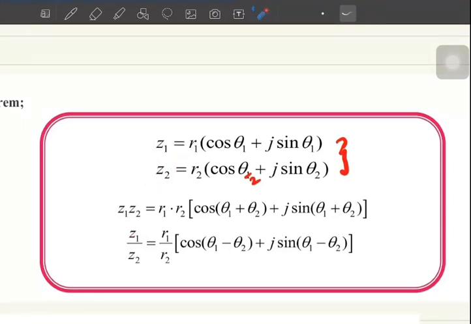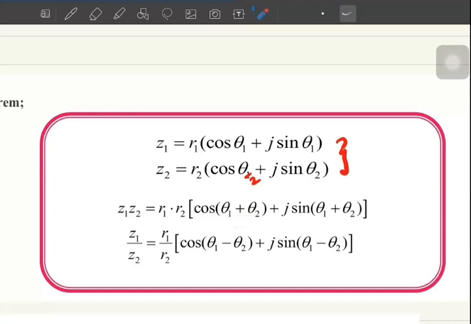So this theorem states that if you want to find Z1 multiply Z2, R1 multiply with R2, cos theta 1 plus theta 2 plus J sin theta 1 plus theta 2. If multiply, we add the theta.